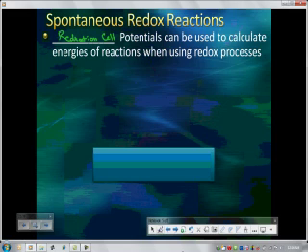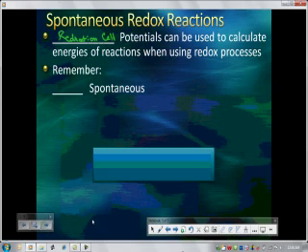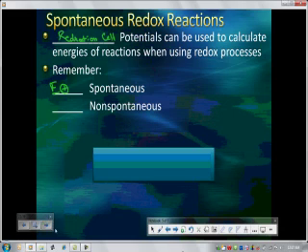I'm sure y'all remember doing that. If we have a positive value for E cell, then that is a spontaneous reaction. That's why for a galvanic cell, we needed to pick the value that was the highest so we get the most spontaneous reaction. Likewise, when we have a non-spontaneous reaction, that simply means that the value of E cell is negative.